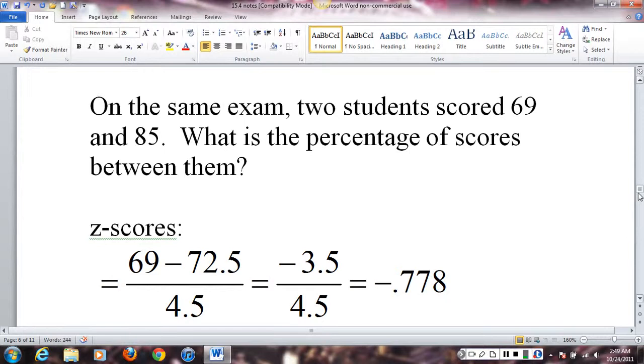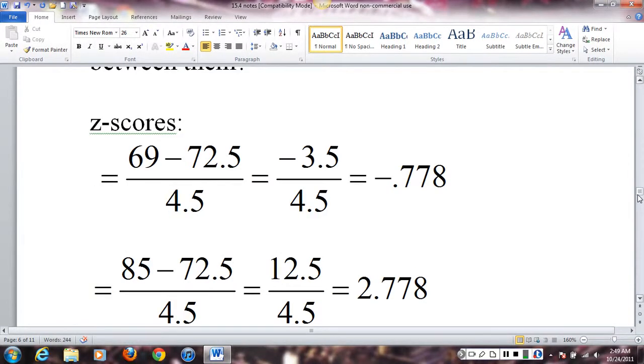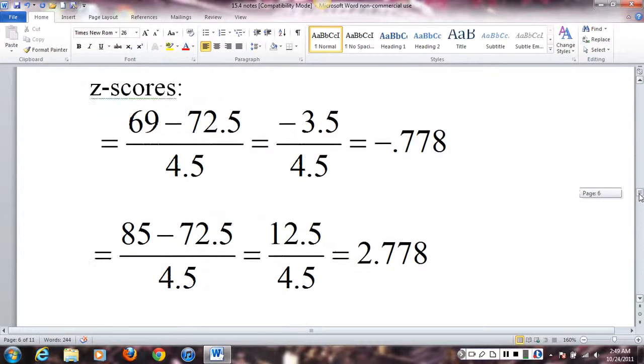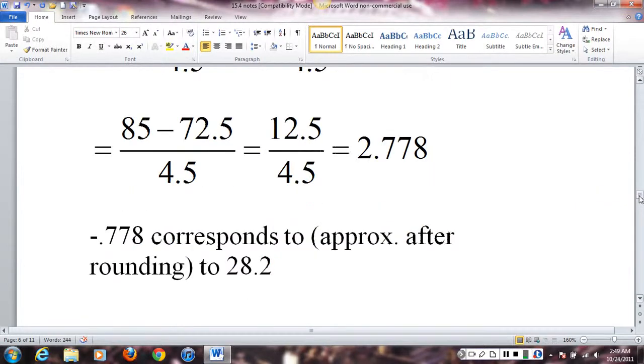So we need to figure out what the z-score is for each of these two. 69 gives us negative 0.778, and 85 gives us 2.778. So according to our nifty little chart, negative 0.778 corresponds to about 28.2%.